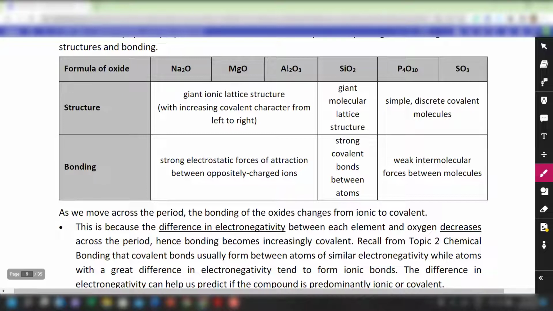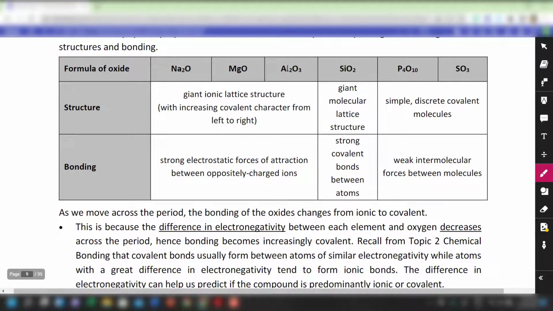So that means that the electronegativity difference between the element and oxygen will narrow. So that will increase the covalent character in the bonding. Yeah, so that explains why for the first 3 members, namely sodium oxide, magnesium oxide, and aluminium oxide, they exist as giant ionic lattice with increasing covalent character from sodium to aluminium.